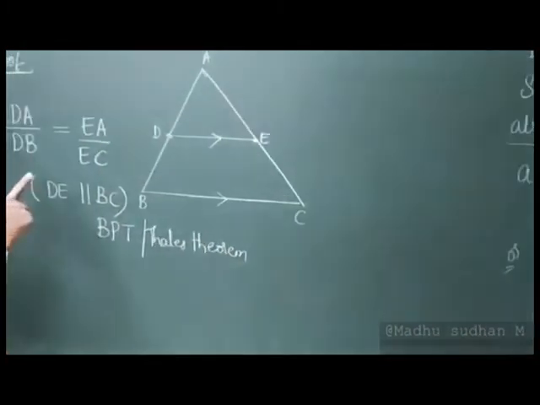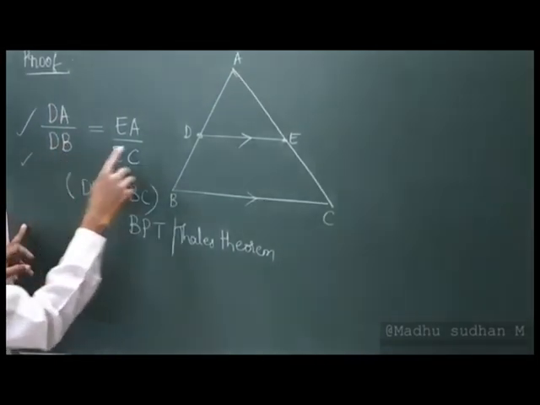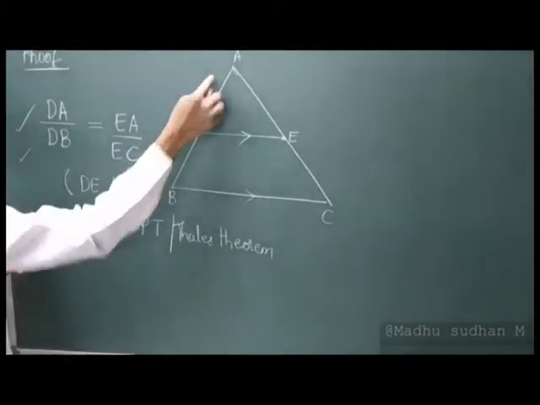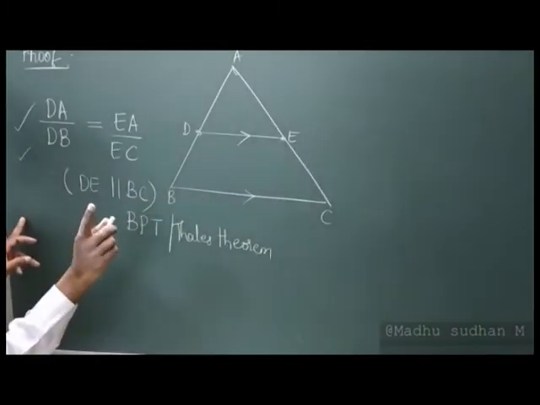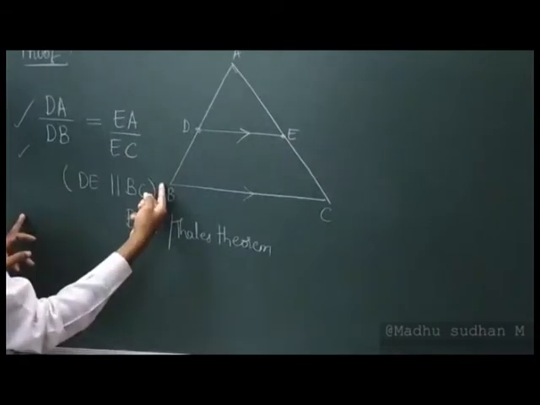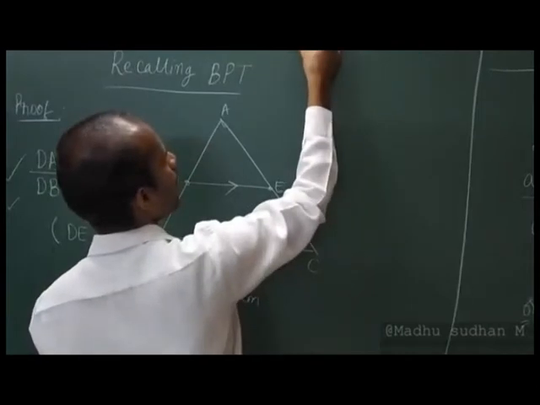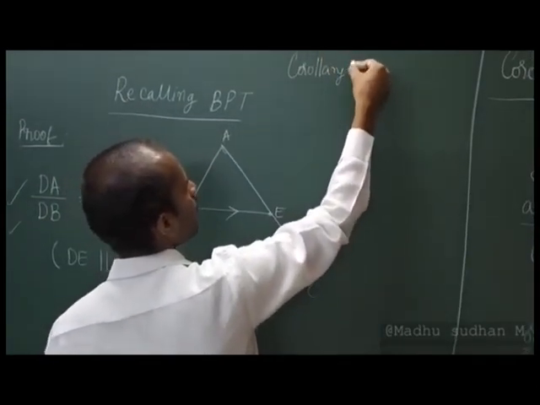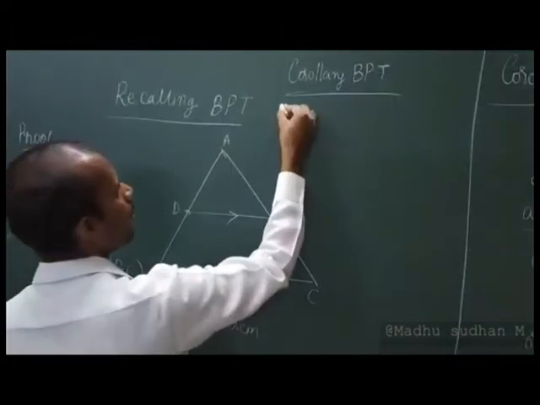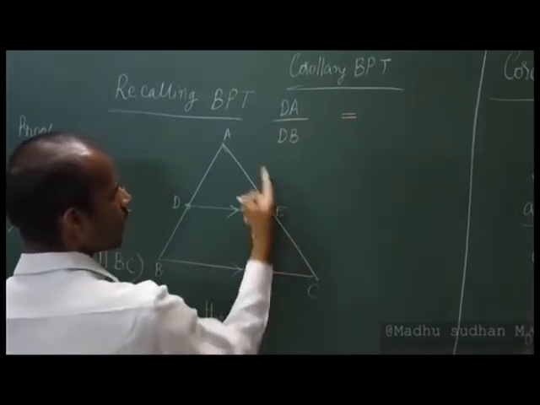If we closely observe the proof of the BPT, we have DA and DB. Suppose we add DA and DB, don't we get the complete length AB? So the corollary of BPT: from the proof, DA by DB is equal to EA by EC.